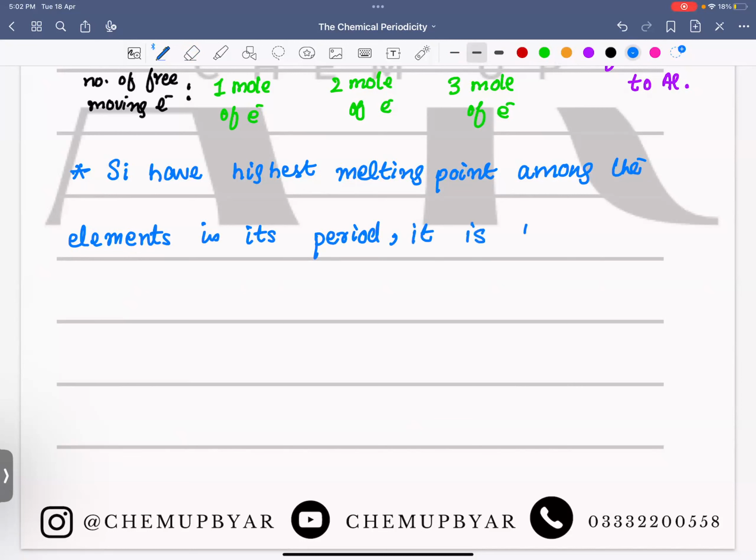It is because of its giant covalent structure, so due to giant covalent structure, the silicon has the highest melting point.